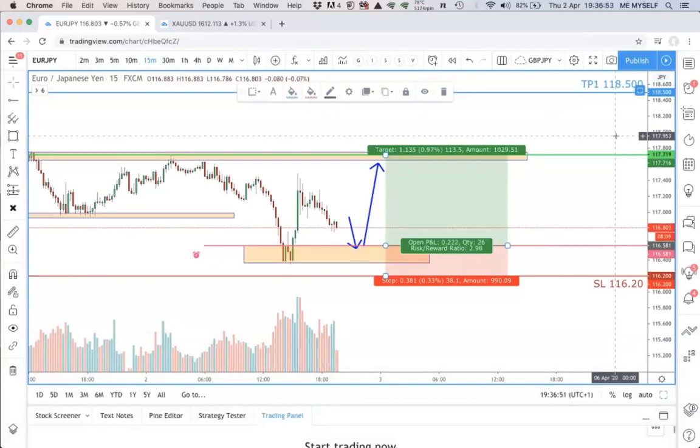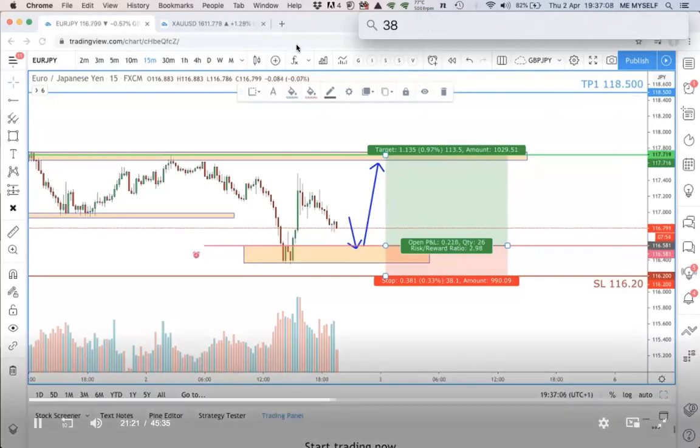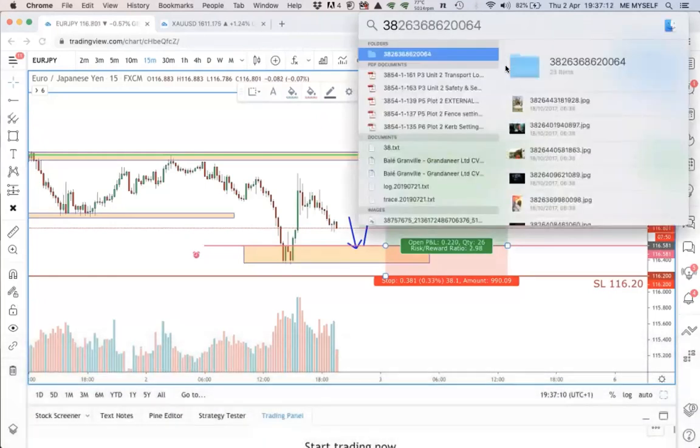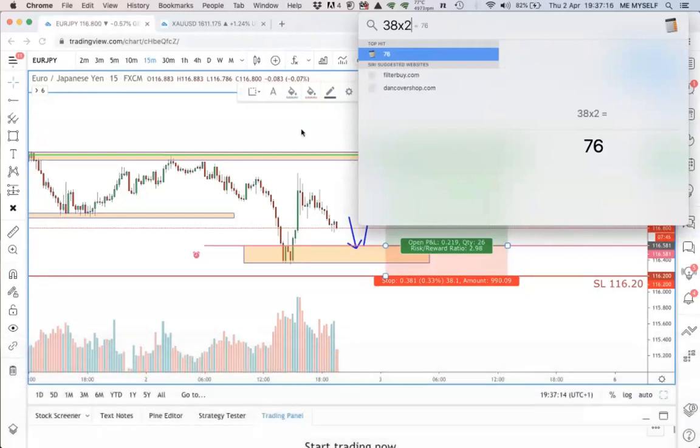Okay. If we do some mathematics here, we're risking 38 pips. If we multiply by 2, that's 76 pips.